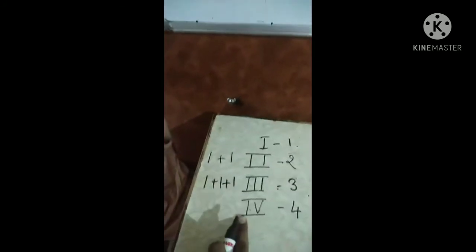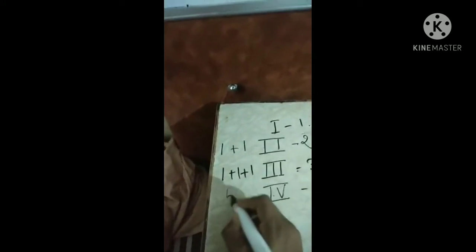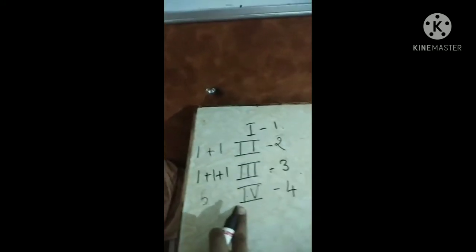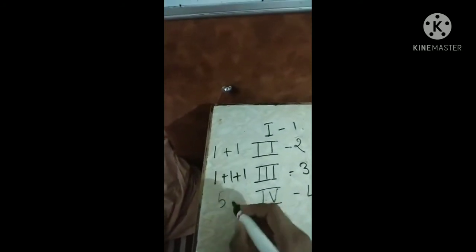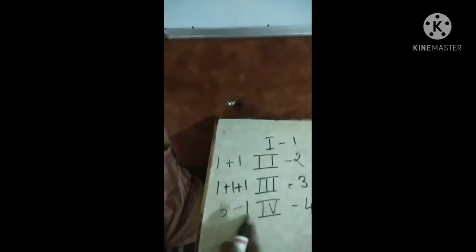The I is written to the left of V. When this is written, then we have to subtract. V is for 5, and as I is written to the left of V, we have to subtract 1. 5 minus 1 is equal to 4.